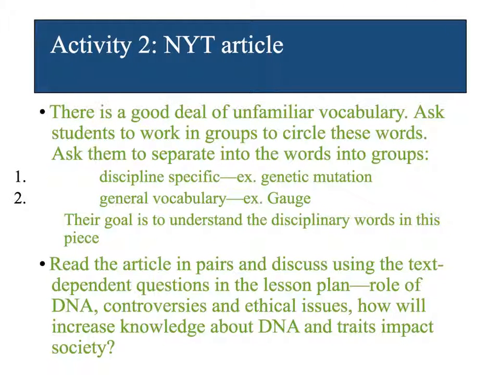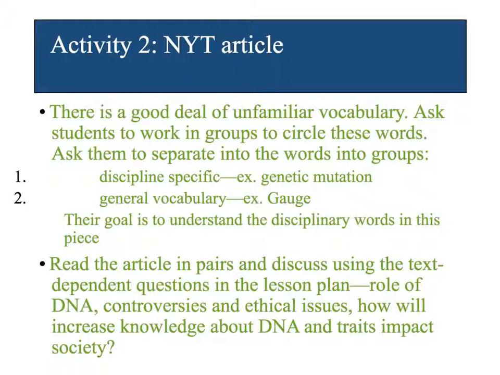Once they finish 5.1, we'll move to the next activity, which is reading a New York Times article. And this article is about, does your DNA contribute to that wild streak that some people in your family have? And there's a lot of unfamiliar vocabulary in this article. So ask students to work in groups to circle those words and then separate them into discipline-specific and general vocabulary.